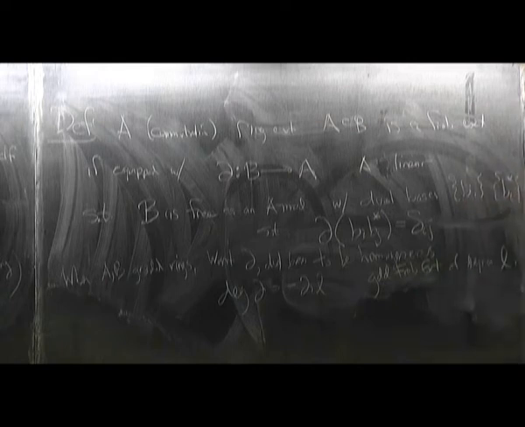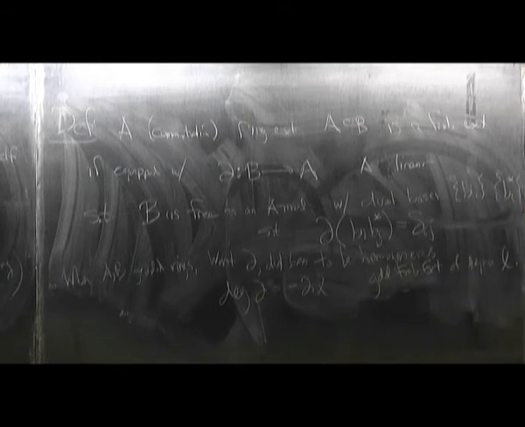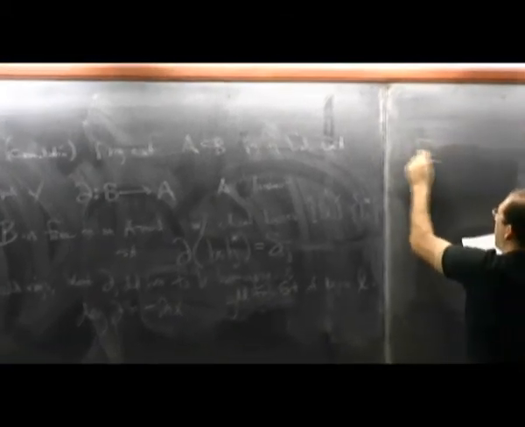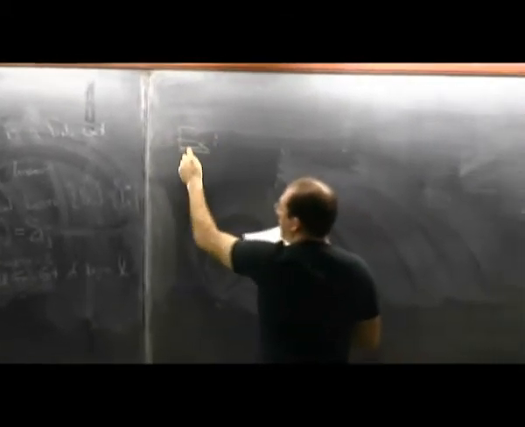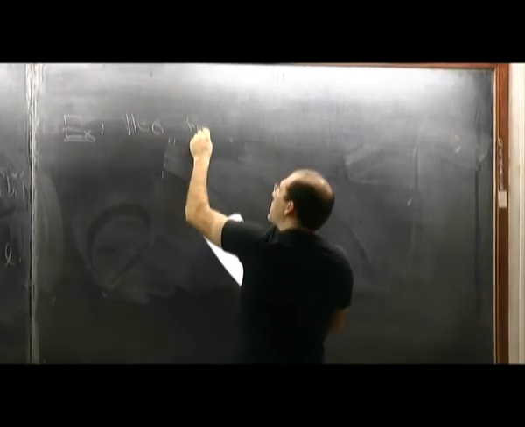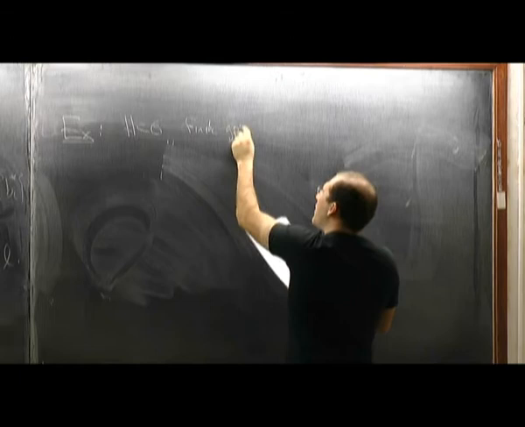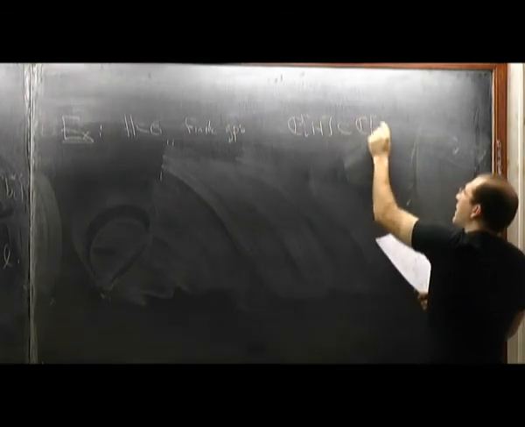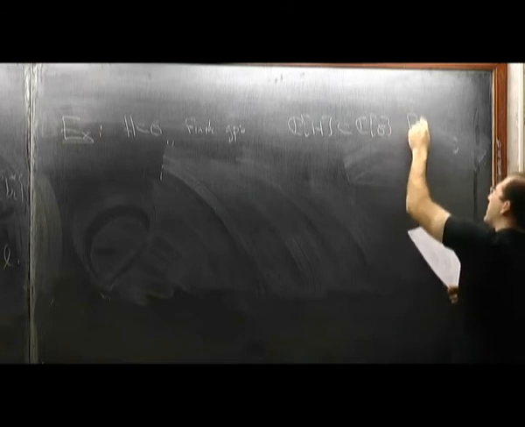But what's the utility of such a thing? The point of Frobenius extensions is Frobenius reciprocity. So this is something you may remember. Here's an example of a non-commutative Frobenius extension. If H contained in G are finite groups, then CH contained in CG is a Frobenius extension.